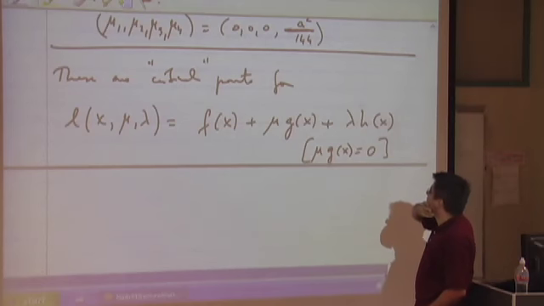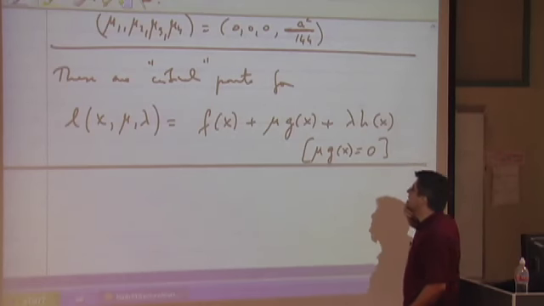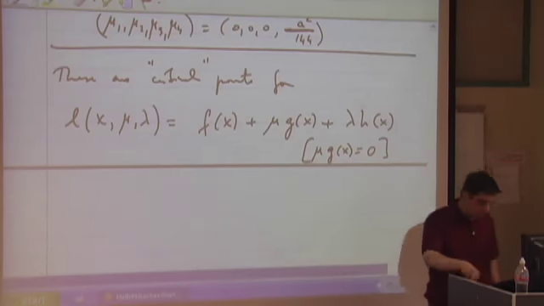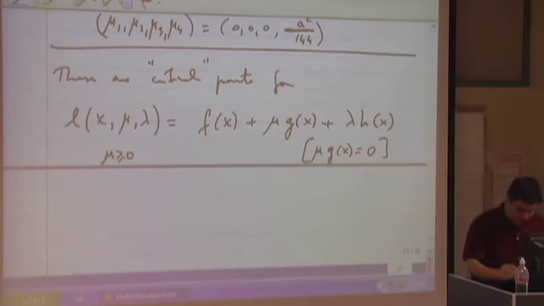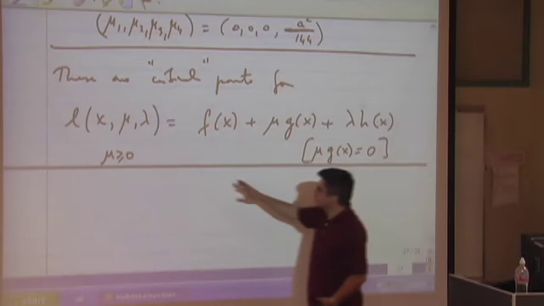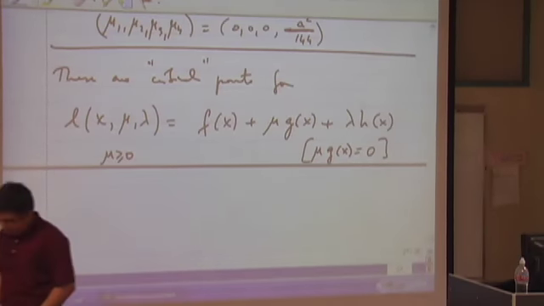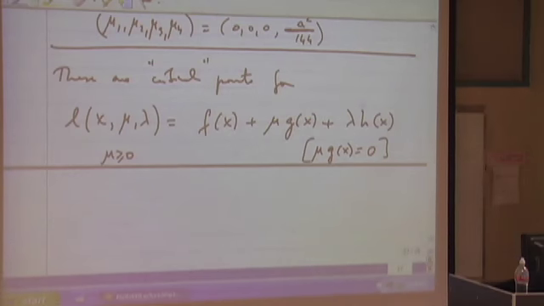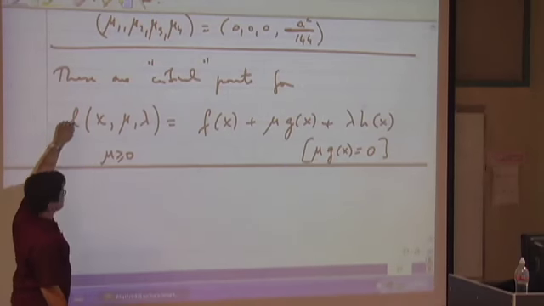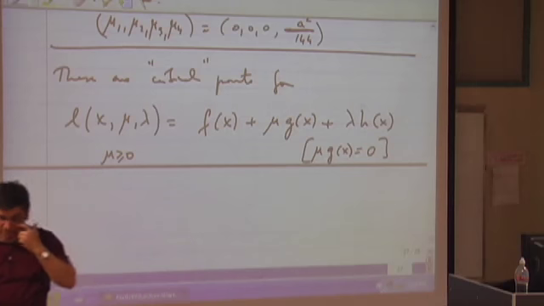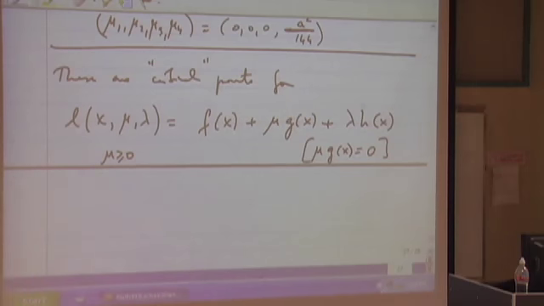So at a critical point, well, it's tough to say because mu is supposed to be positive here. So it's sort of on the boundary of this. It's sort of a critical point. It's not really a critical point, but it is the same. To decide whether it's a max or a minimum, you would have to go to a second derivative or do something else to figure that out, right?